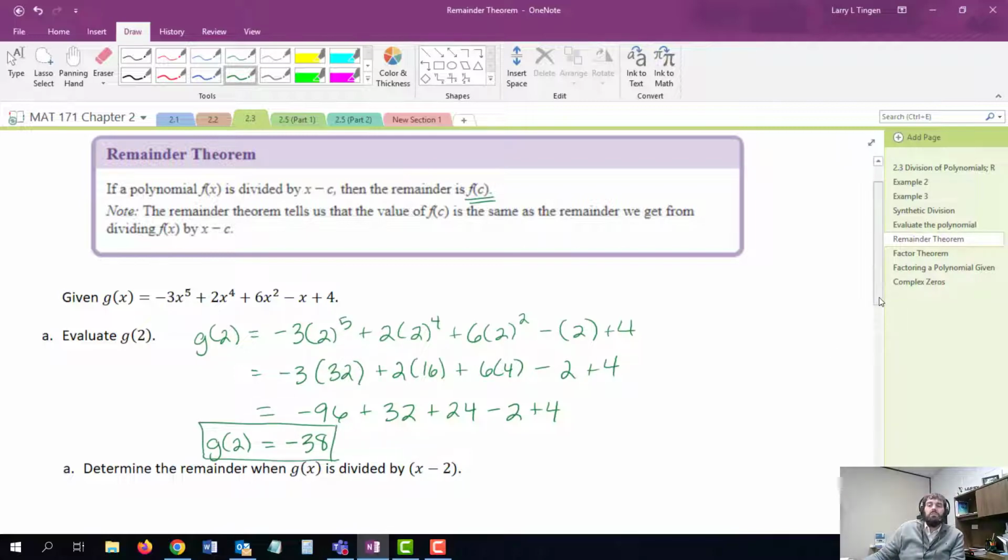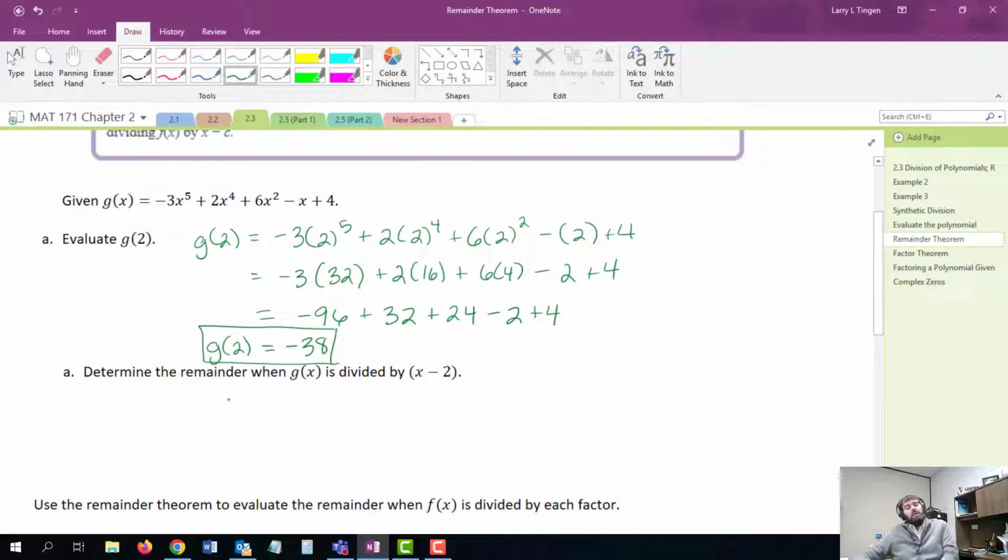So if the remainder theorem is true, when I try to divide g of x by x minus c, which is the number that I plugged in for x, so c is 2, the remainder that gets left from that synthetic division will match the evaluation of g at 2.